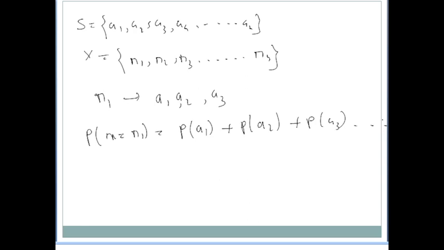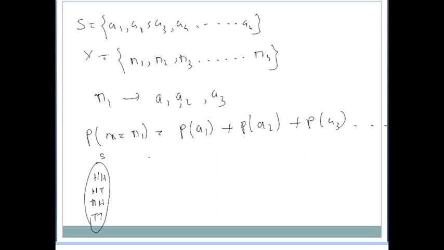Okay, if we want to understand it in a better manner, here we have the sample space. Let's say this is head head, this is head tail, this is tail head, this is tail tail.